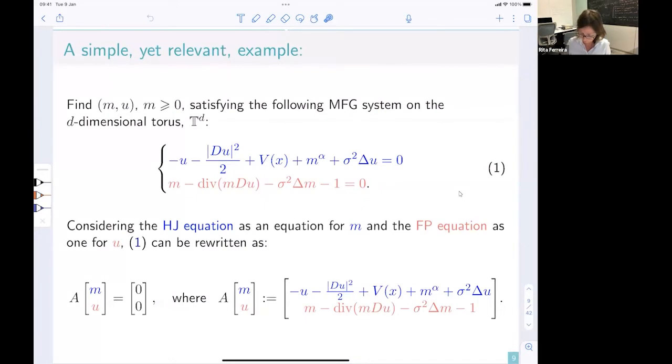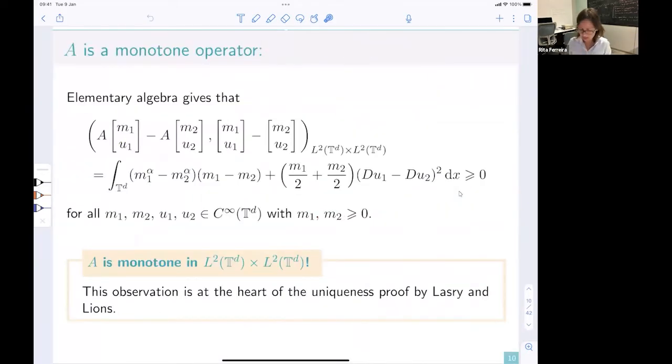And then what? Well, if I compute this inner product, if I take two pairs, M1, U1 and M2, U2, I make the difference of the operators evaluated at these two pairs, inner product with the difference of the two pairs in the product space L2 cross L2. With elementary algebra, mainly integration by parts and associating the right terms, we get this integral term.